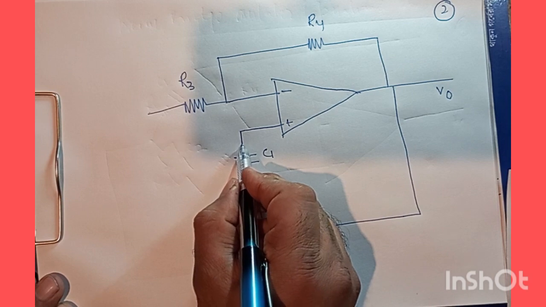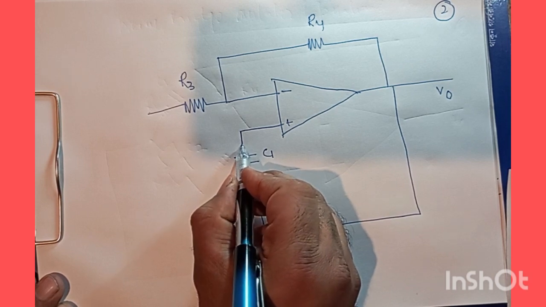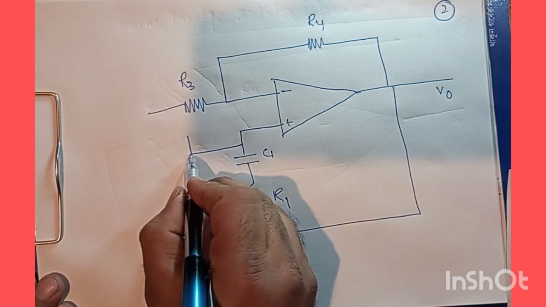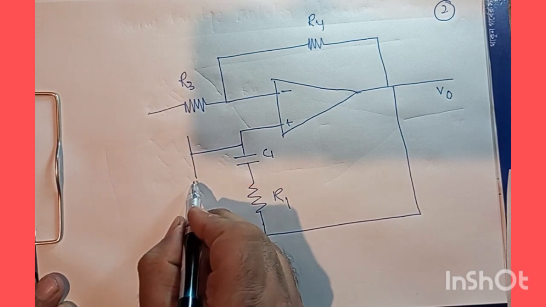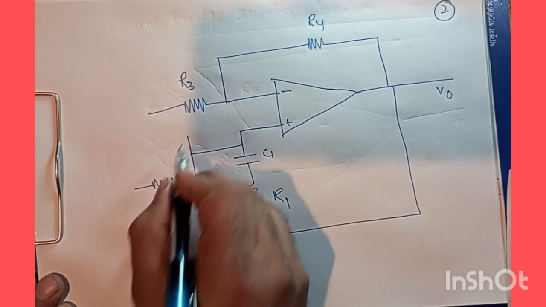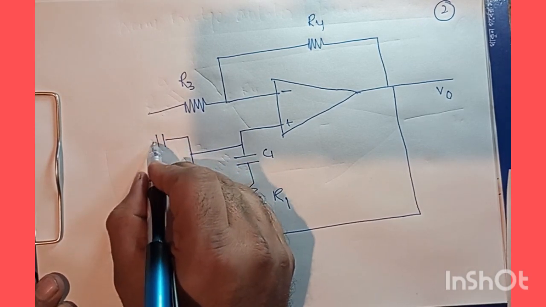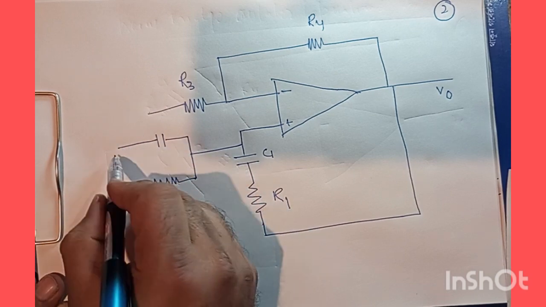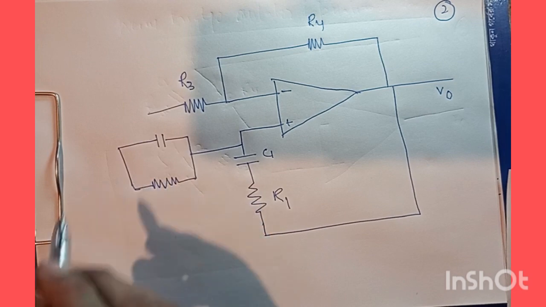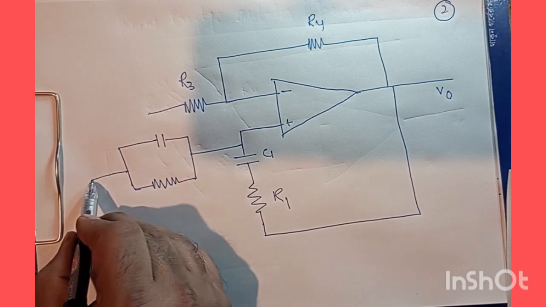Then I can have a parallel combination here, and then ground it.